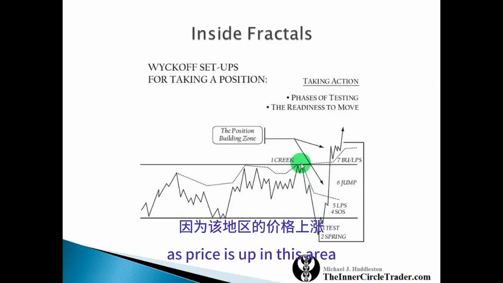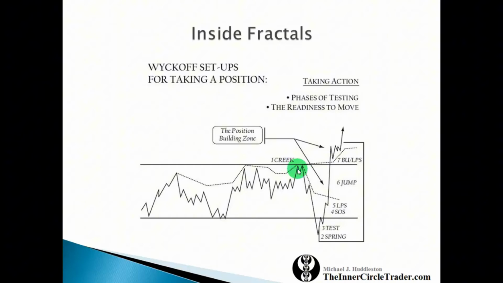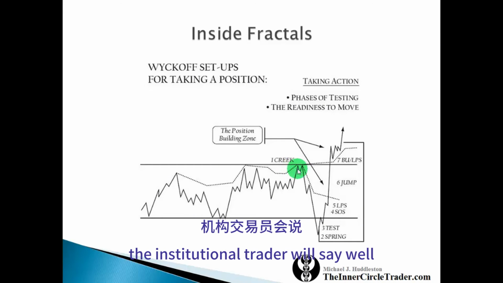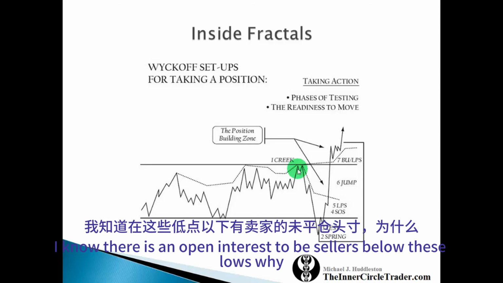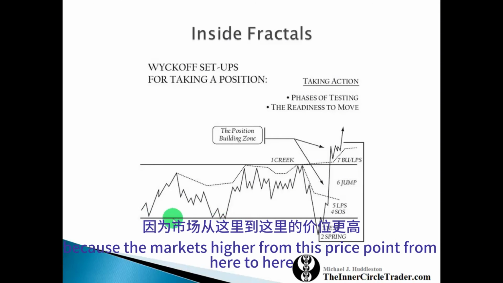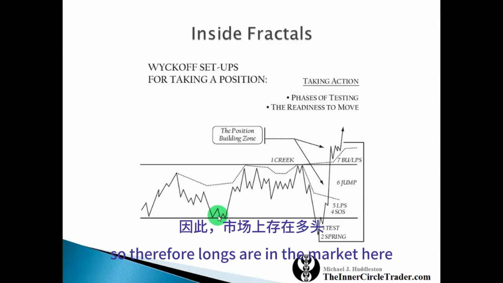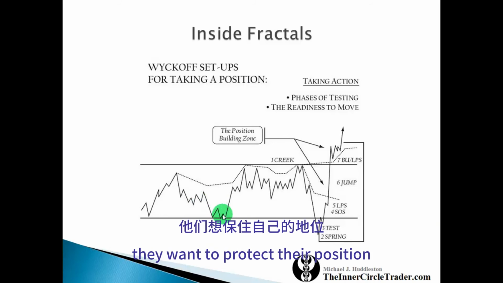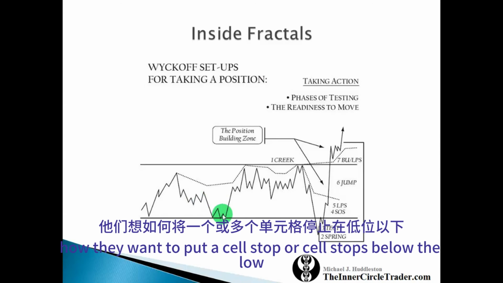As price is up in this area, the institutional trader will say, well, I know there is an open interest to be sellers below these lows. Why? Because the market's higher from this price point from here to here. So therefore, longs are in the market here. They want to protect their position. How? They want to put a sell stop or sell stops below the low.